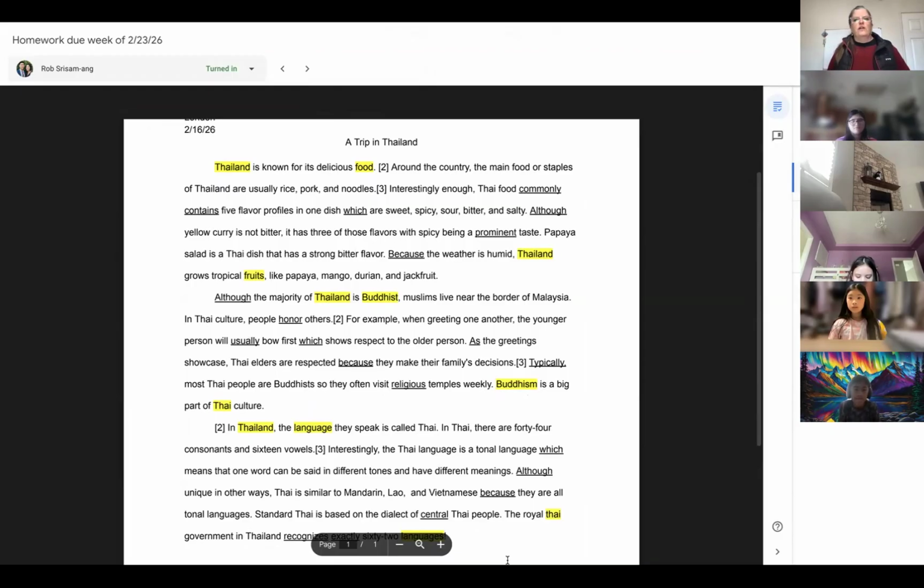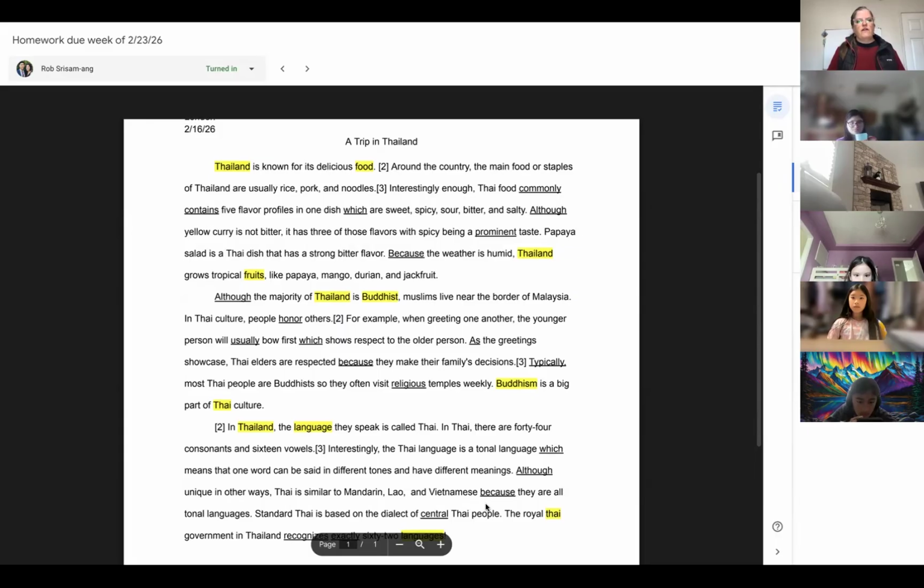Interestingly enough, Thai food commonly contains 5 flavor profiles in one dish, which are sweet, spicy, sour, bitter, and salty. That's interesting. Papaya salad is a Thai dish that has a strong bitter flavor. Because the weather is humid, Thailand grows tropical fruits like papaya, mango, durian, and jackfruit.